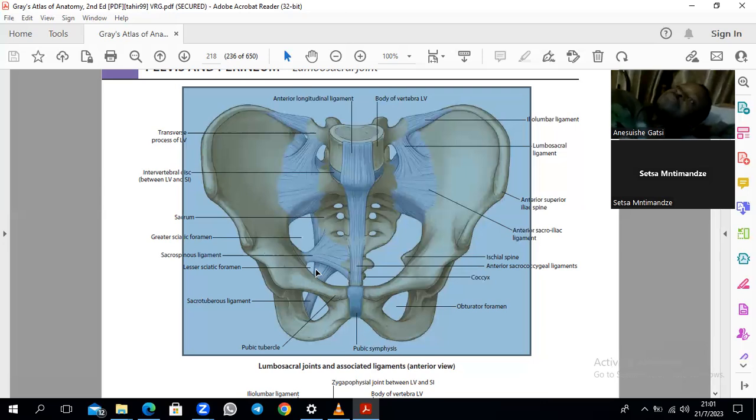Having done that, the other things that pass through the lesser sciatic foramen, they would have passed through the greater sciatic foramen. Because remember, the greater sciatic foramen is the window to go outside, then lesser sciatic is the window to come back inside. So the mnemonic is PIN, P-I-N.